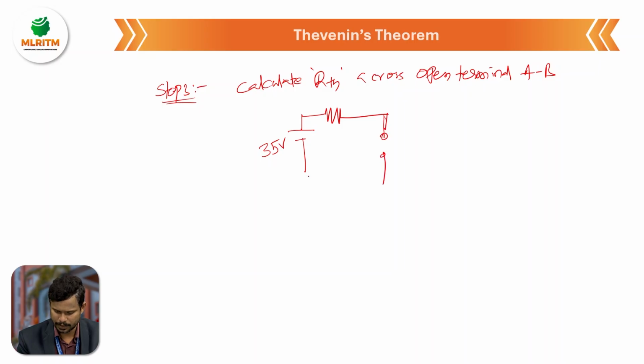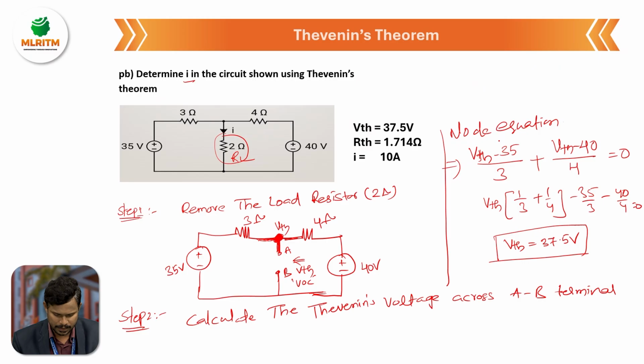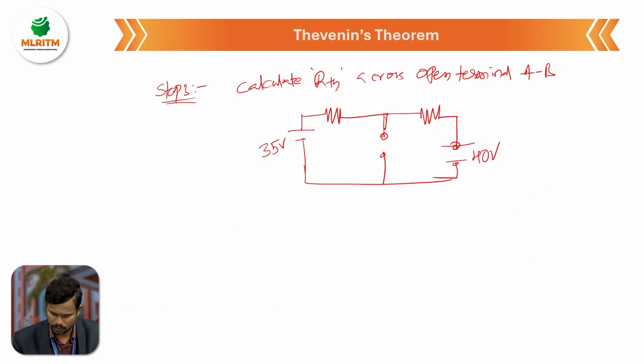This is the open terminal. Second resistor, and this source is the 40 volt source, and the remaining resistor values are 3 ohm and 4 ohm resistors.